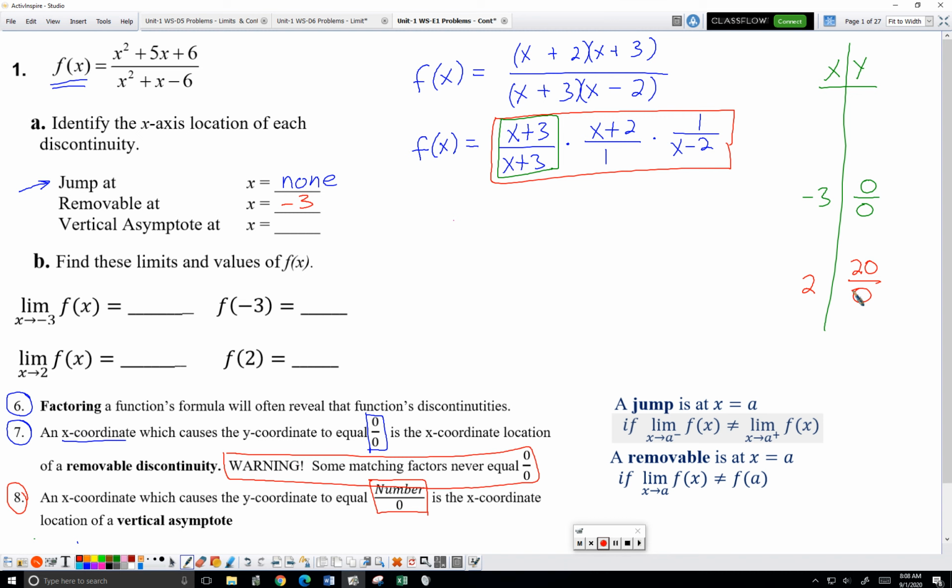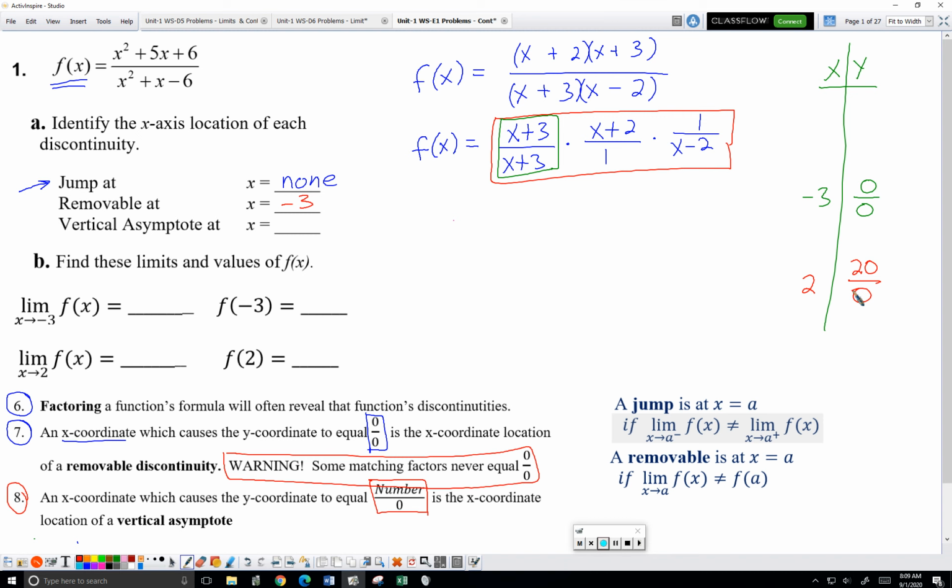The idea is that if there's a set of factors, so that there's an x-coordinate which will cause 0 divide. I think I know your question. If you get 0 over 0, that's a removable discontinuity, and it supersedes. Once there's a removable at x equal -3, you could invent a function that would, but we're not going to go to quite that difficult of problems for our class.